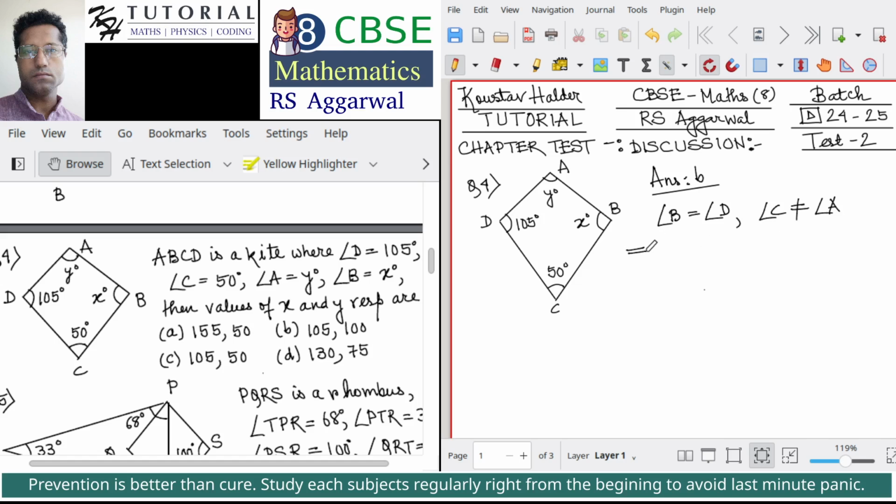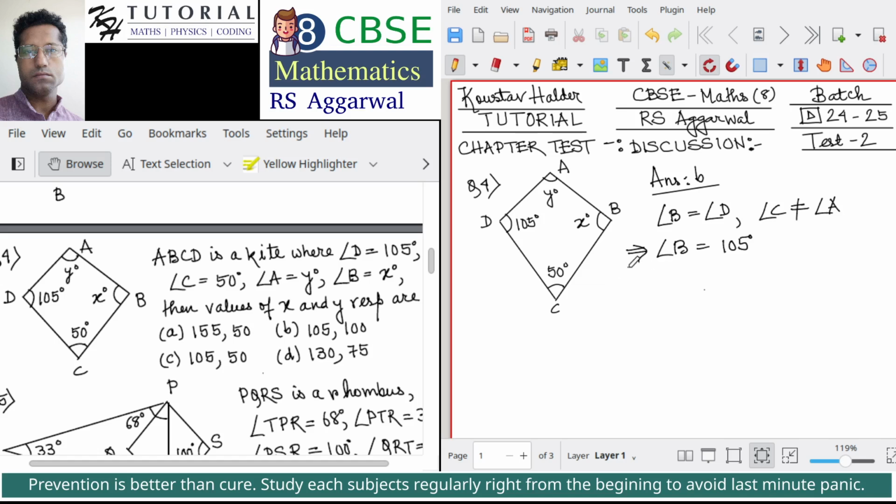So from this visual interpretation, it is evident that angle B will be equal to 105 degrees. This means that angle B and angle D are the opposite equal angles in the kite. We know in a kite only one pair of opposite angles are equal.